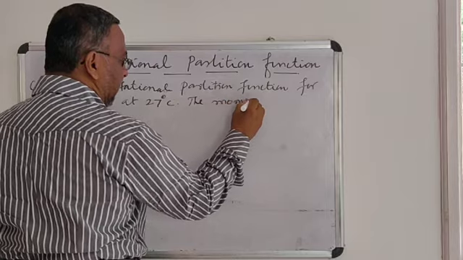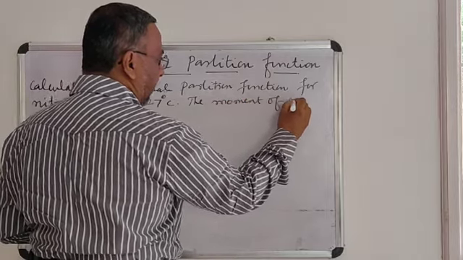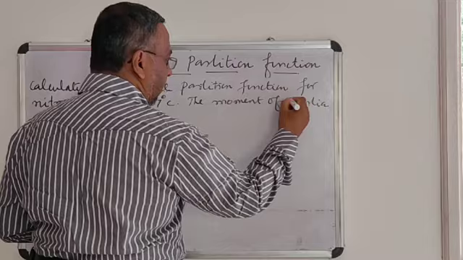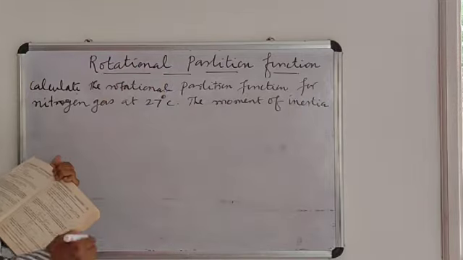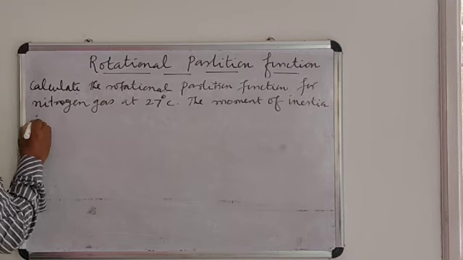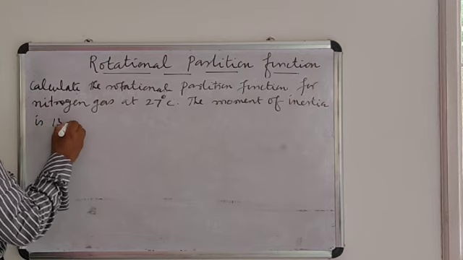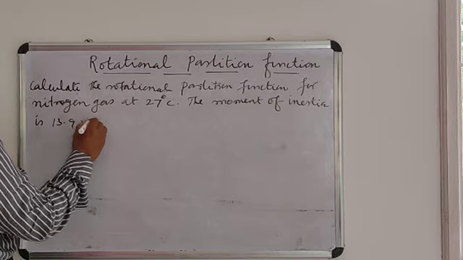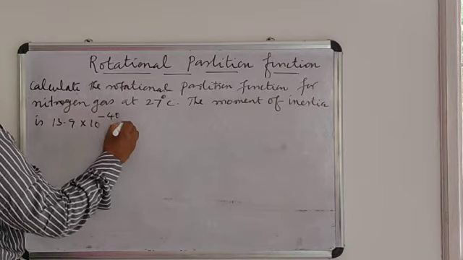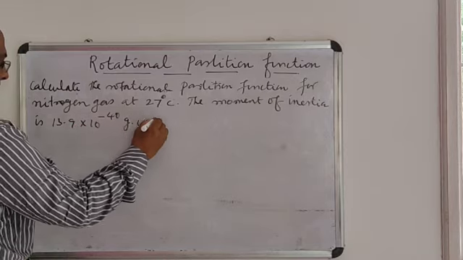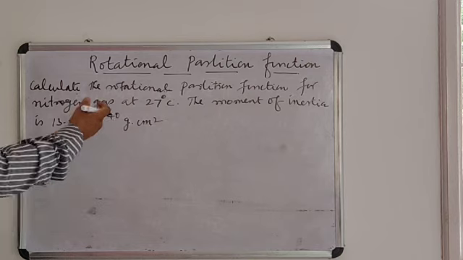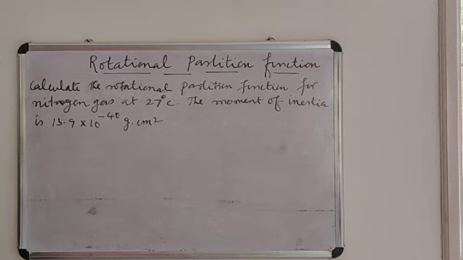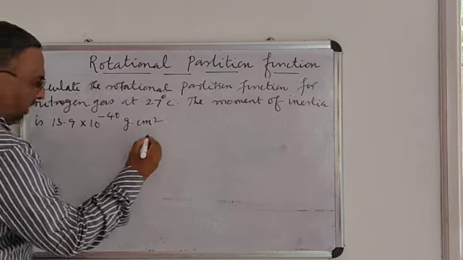The moment of inertia is 13.9 into 10 to the power of minus 40 gram centimeter square. Okay. See, these values are given. We have to find out the rotational partition function.